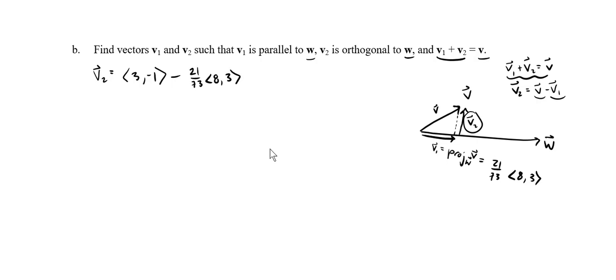And we get this. So really, when we have this vector minus this vector, that's a new vector, 3 minus the scalar times 8. Probably shouldn't use a dot there, just to be careful. And -1 minus the scalar times 3.